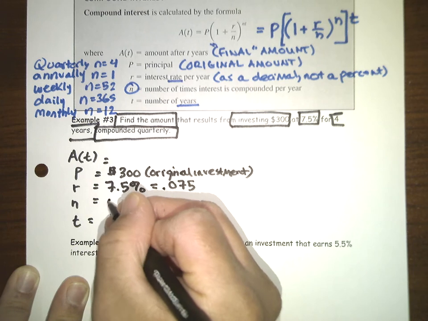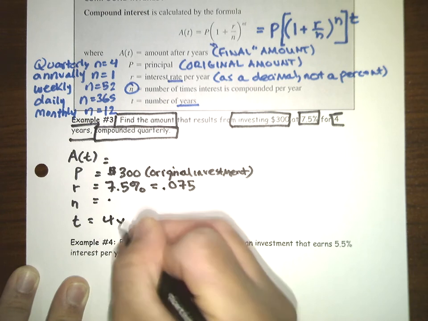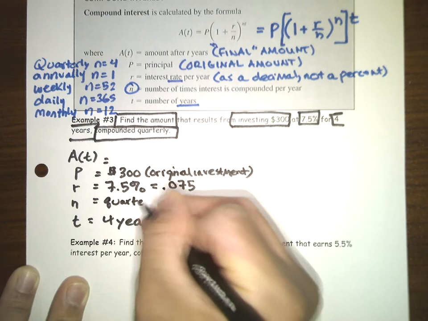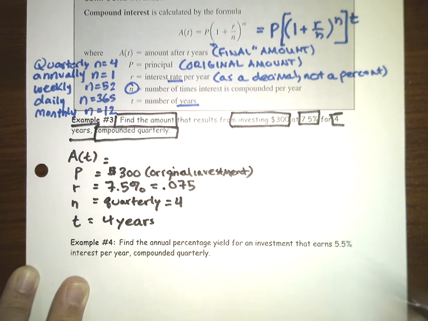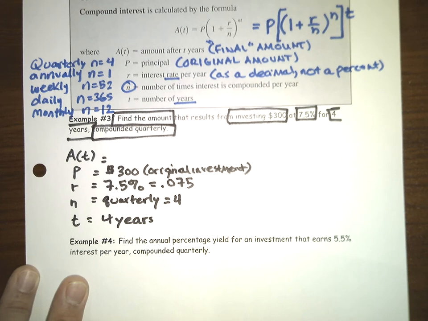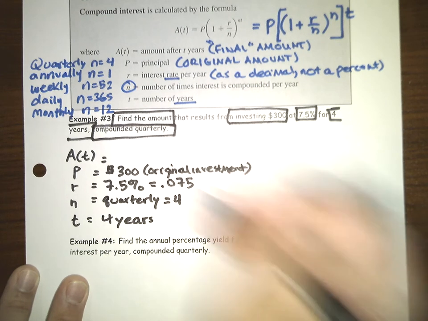They told us 4 years next, so 4 years is t. n they told us was quarterly, so that would be 4. And then A of t is the amount that we need to find. So this is the amount to find.